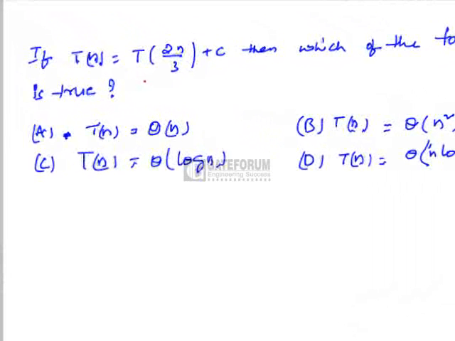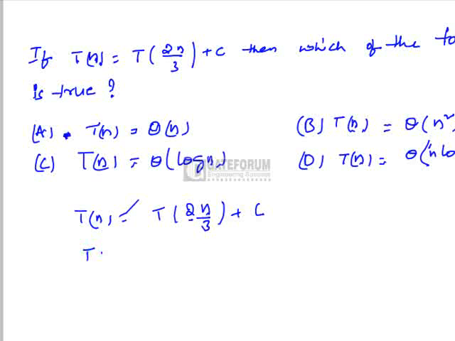A recurrence relation is given and we have to express it in terms of asymptotic notation. The given recurrence relation is T of n equals T of 2n by 3 plus C. It is in the form T of n equals A into T of n by B plus f of n.